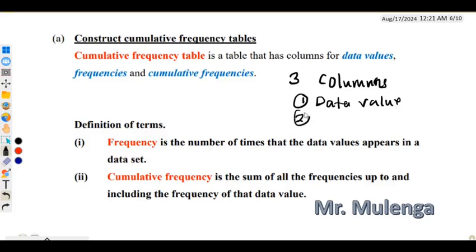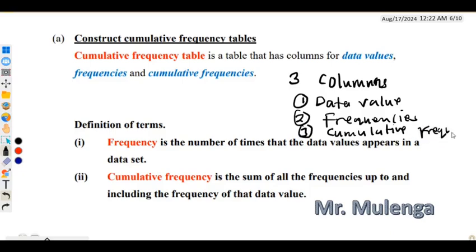Then the second column will consist of what? The frequencies. Then the third column will consist of the cumulative frequency. So these are the columns that the cumulative frequency table should have.